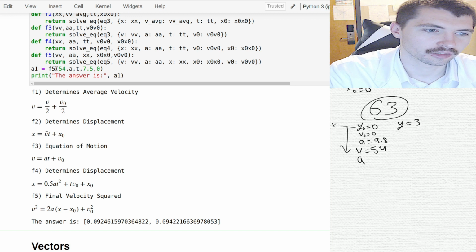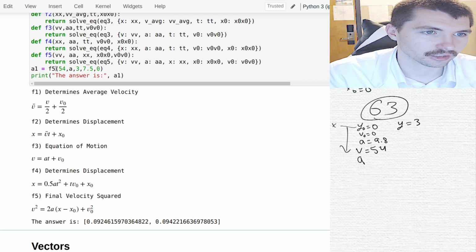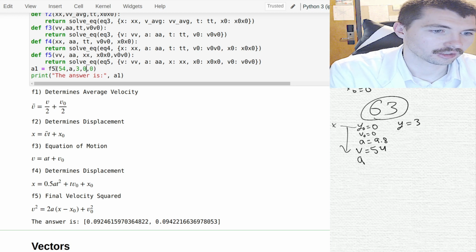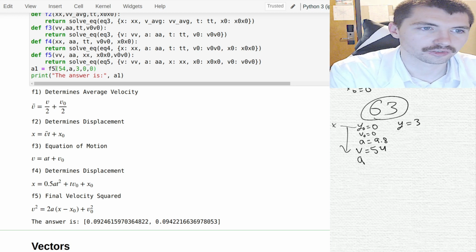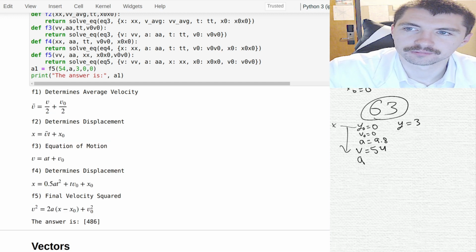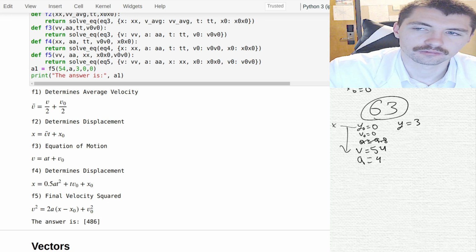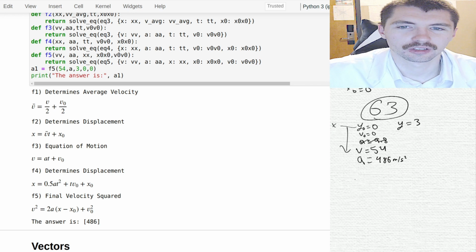Solving for A, we know y, y is 3, x naught is 0, v naught 0. Okay, 486 meters per second squared.